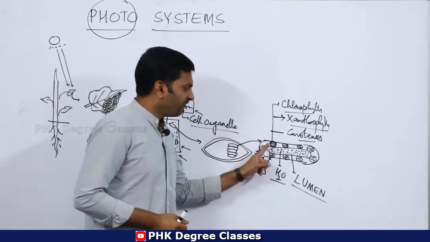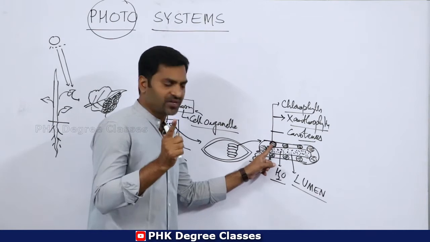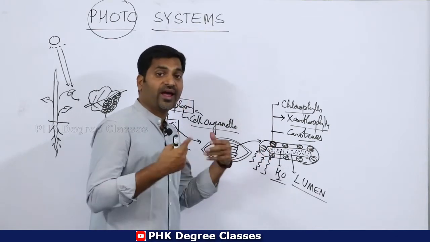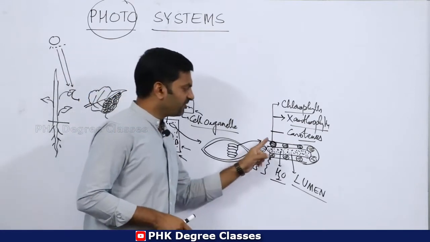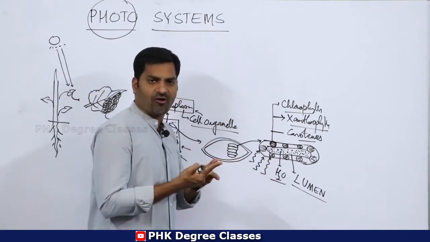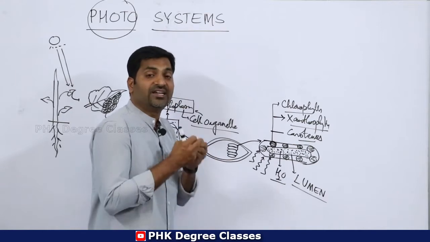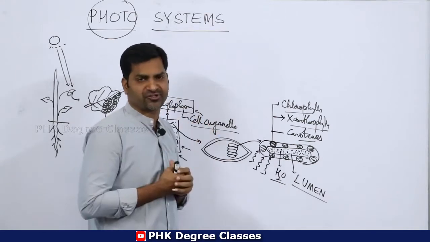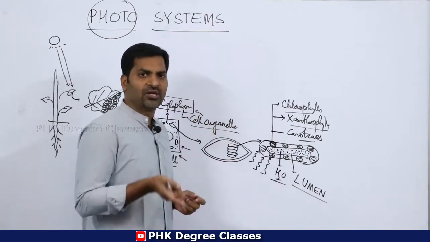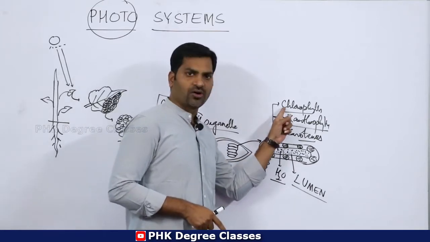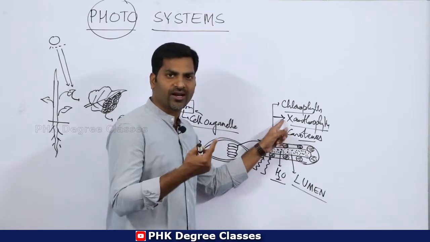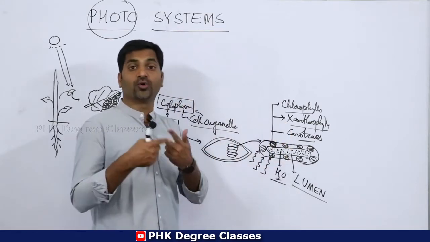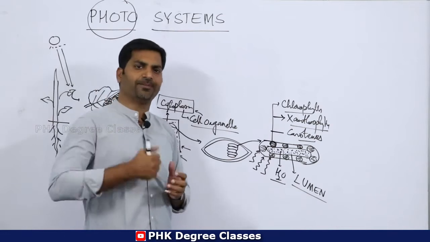So every system receives light. Hence they are called what? Photosystems. And every system is composed of different kinds of color giving substances or pigments. These pigments include chlorophylls, the green color pigments, then xanthophylls, yellow color pigments, followed by carotenes, orange and red colored pigments.